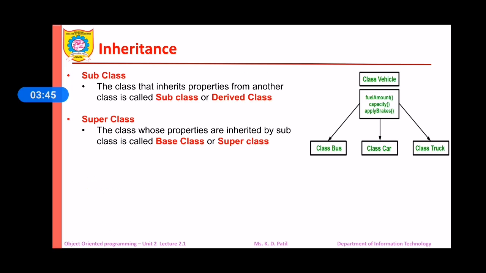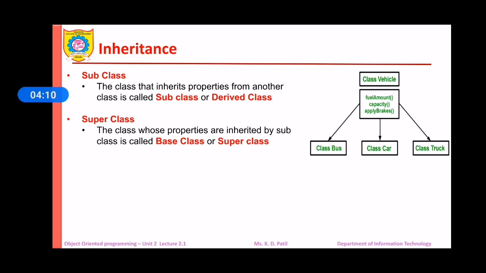Now let us first understand what is subclass and superclass. A subclass is a class that inherits properties from the other class, and that class is also called a derived class, or a child class. Now here in this example, class bus, class car, class truck are inheriting the properties of class vehicle.